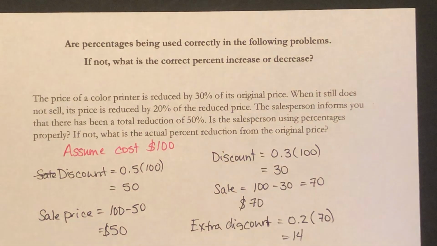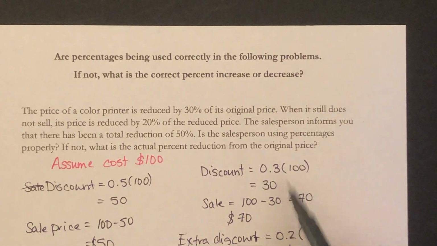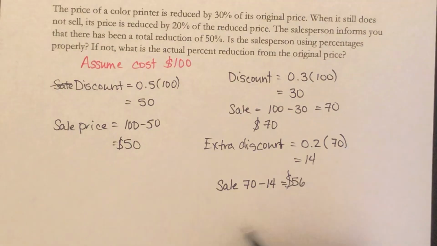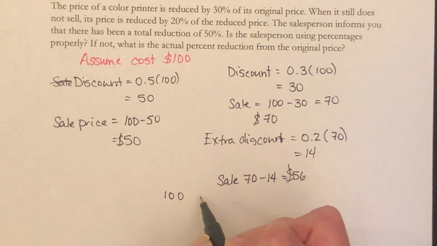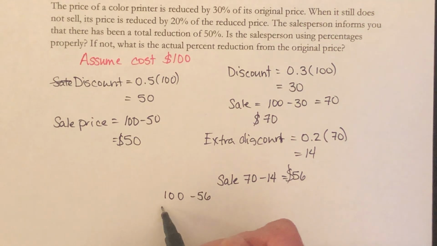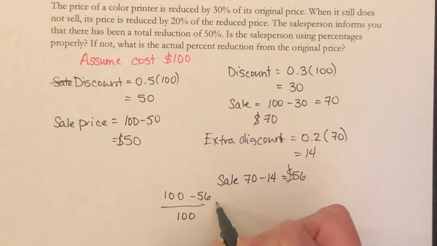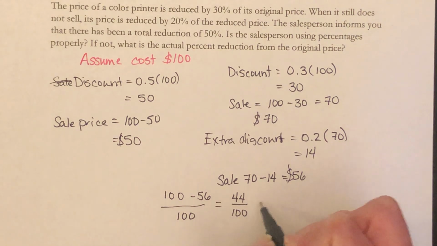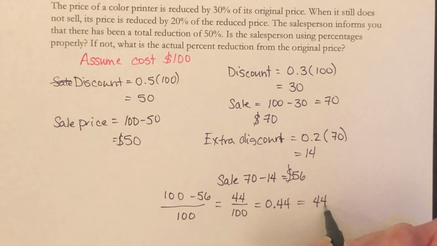So what we're going to do is what we did on the previous page, where you take the difference in price over the original cost. So we're going to do the original price, which was 100, minus 56, and then divide that by the original price, which gives us 44 over 100, which is 0.44, which tells me this is a 44% reduction.